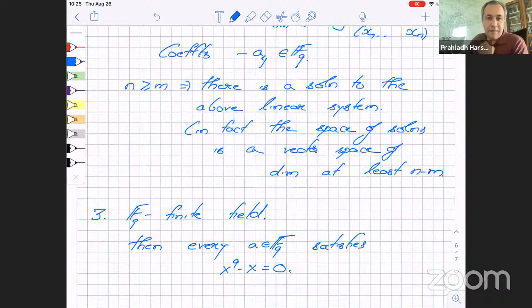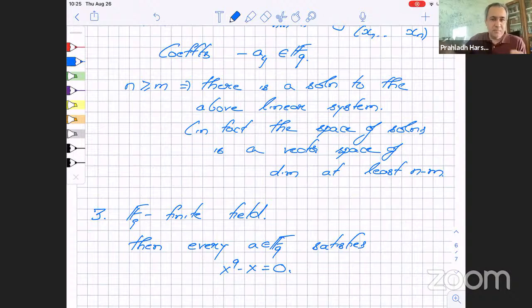So I give you a finite field. Then I want to say that every element a in Fq actually satisfies this equation, x power q minus x equals 0. And in fact, now by the degree mantra, you can show that these are the only guys that can satisfy this, because there are q elements in the field, and these are the q.